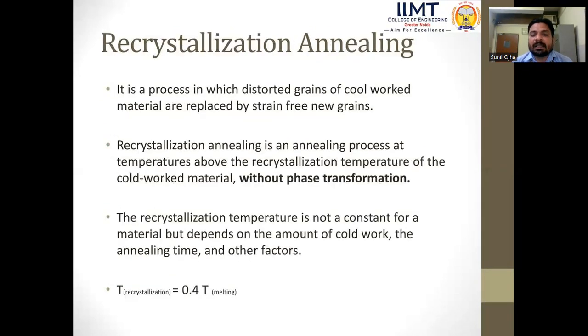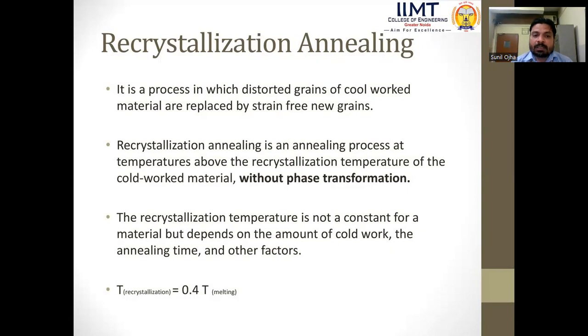Next is recrystallization annealing. It is the process in which distorted grains of cold work material are replaced by strain-free new grains. Recrystallization annealing is an annealing process at temperatures above the recrystallization temperature of cold work material, without phase transformation.